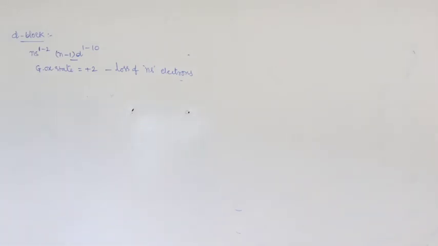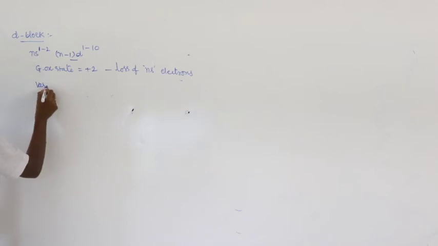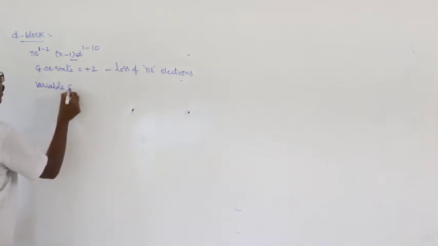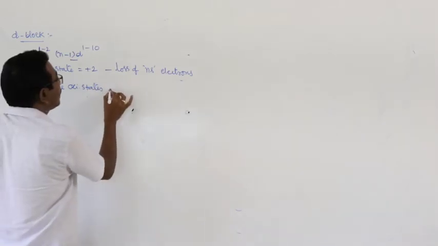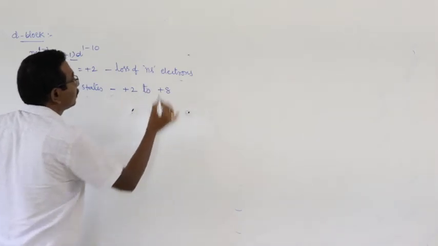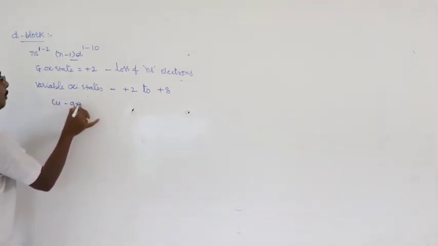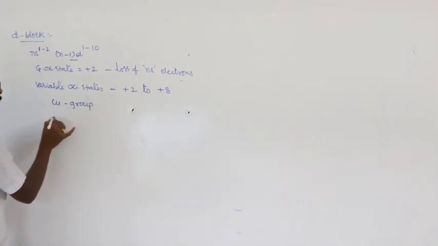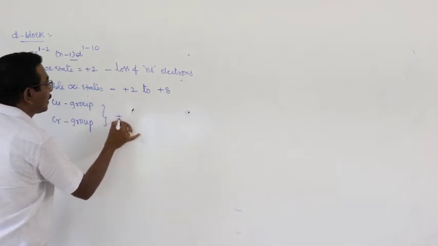As a result, d block elements exhibit variable oxidation states from +2 to +8. And exceptionally, the copper group elements and also chromium group elements exhibit the abnormal oxidation state +1.